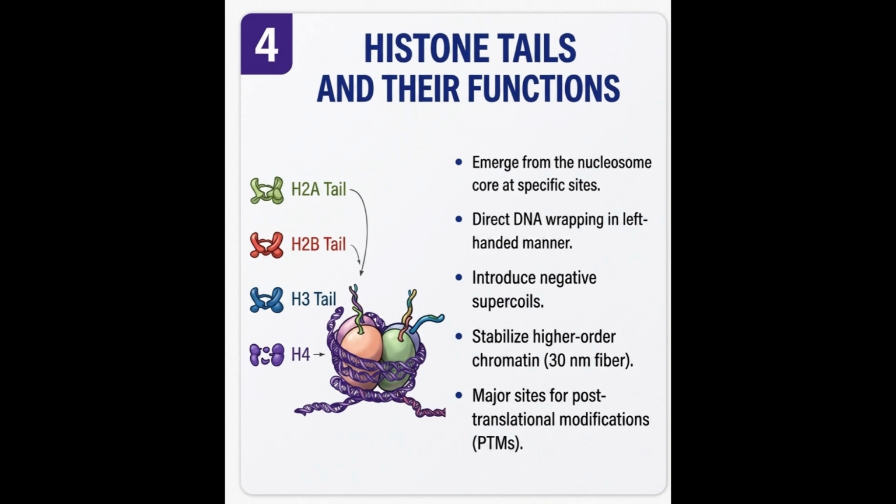Additionally, they undergo post-translational modifications such as acetylation, methylation, phosphorylation, and ubiquitination. Another important function is that nucleosomes wrap DNA in a left-handed manner, introducing negative supercoiling, which facilitates processes like transcription and replication.